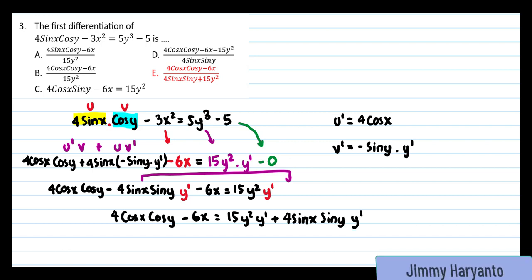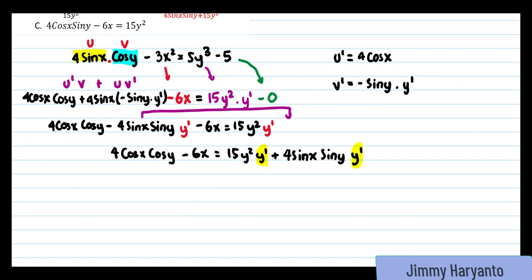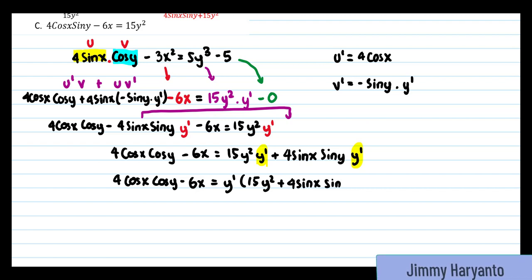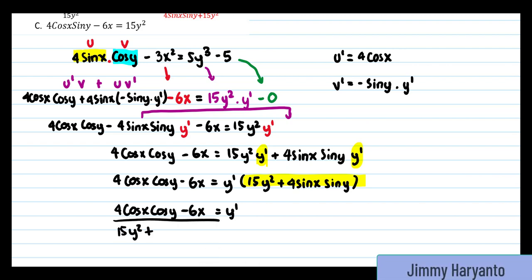then y prime. Okay, take a look at the y prime. It's a common factor right now, so you can factorize it. 4 cos x cos y, you will write down the left hand side exactly the same, and then for the right hand side you will factorize the y prime like this, and then you will move this one to the left hand side, and then you will have the first differentiation. y prime equals 4 cos x cos y minus 6x over 15y squared plus 4 sine x sine y.